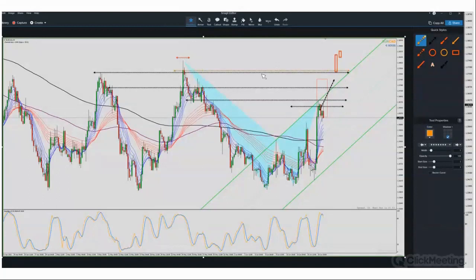That area there, that was my last bullet, now becomes a broken resistance that has a higher probability of producing a result when it's revisited by price, because again, of the self-fulfilling prophecies that technical analysis is plagued with. If this drops down here, this is a value trade for people who are trading the breakout the correct way.